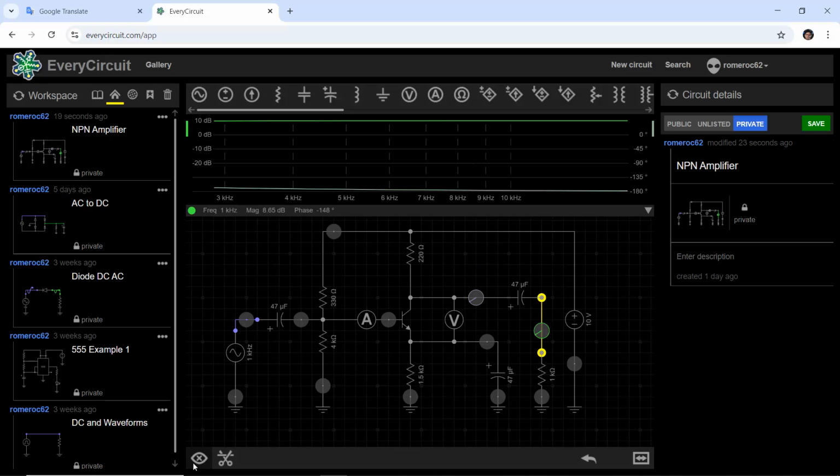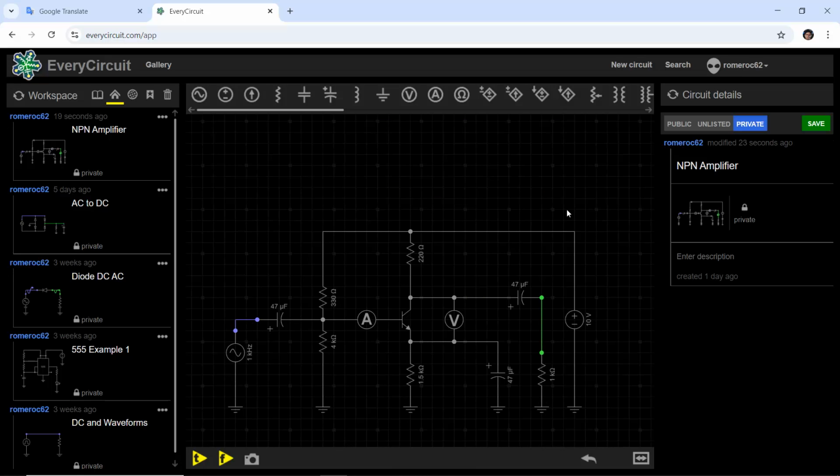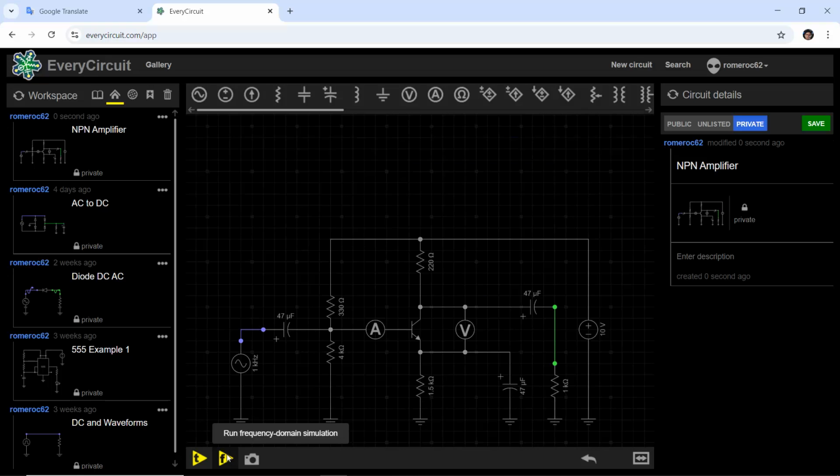Click on workspace, rewind. Also you can click here and change the sine wave.